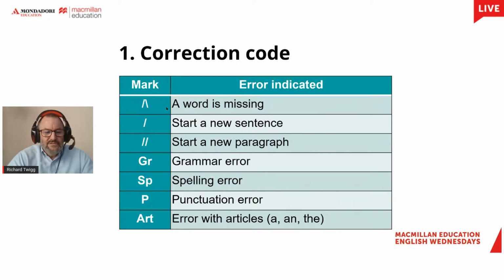Now what you need to do is take that writing, work on the feedback, and represent that to me as a teacher. Yes, I know in the beginning we are creating extra work, but if we do that, the student's writing will improve. And by the second or the third attempt, we are going to find that the first time we mark it, we're going to get a much better piece of writing.